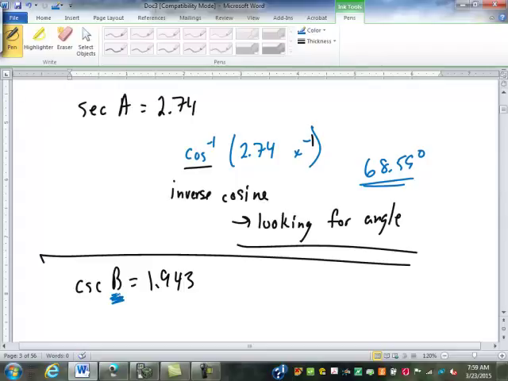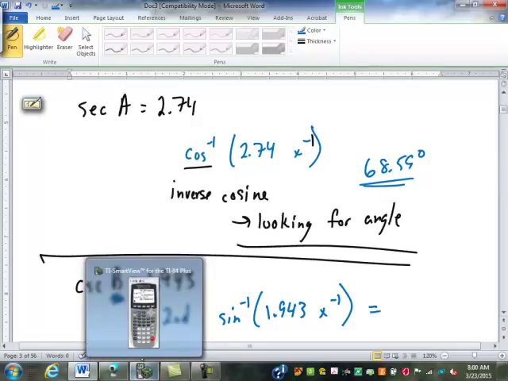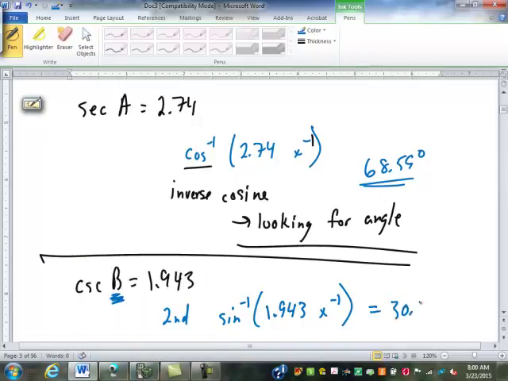So we're going to have to use the inverse, or the second. So this is going to be second what? Sine. So it'd be sine inverse 1.943. And when we're using the inverse, of course, the x negative 1 goes inside if we need it. That comes out to be 30.98 degrees.